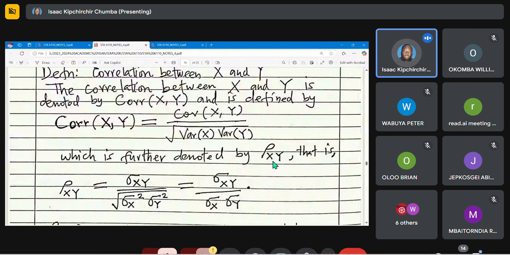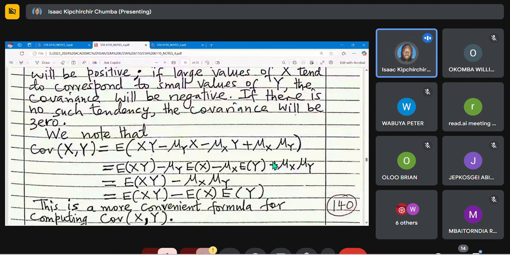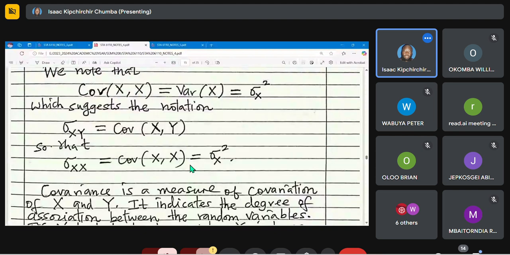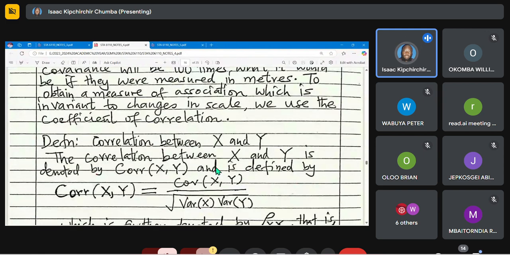Just as we called covariance sigma xy, we shall use this notation to denote correlation, rho xy. This is the Greek letter rho.